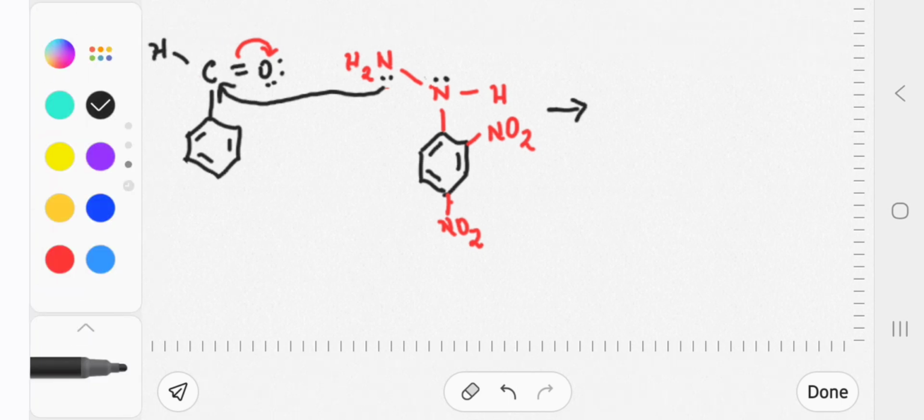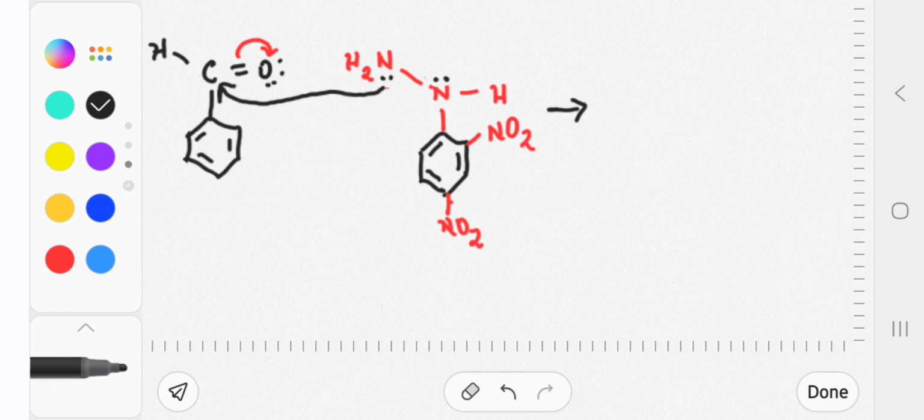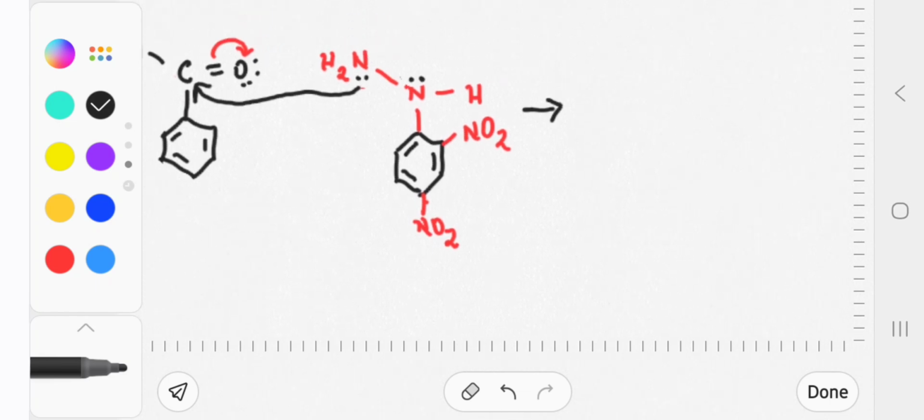Remember that nitrogen is forming a direct bond to carbon, and the pi bond and its electron is drifting to oxygen, meaning that oxygen is going to be negatively charged, with a lot of electrons. So I'm going to show this diagram again.